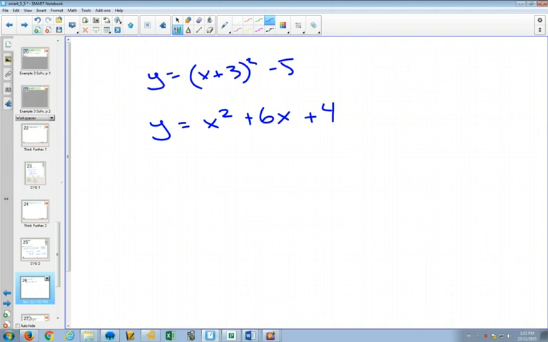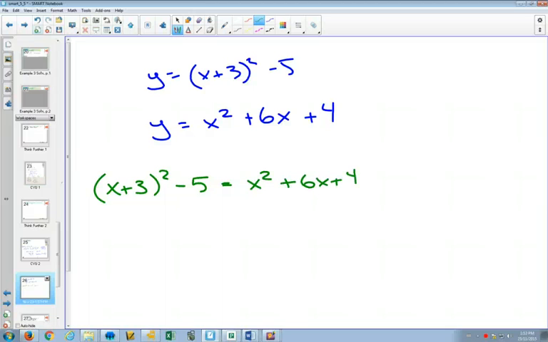So when you go to solve it and you do the substitution, and you expand it, you're going to get x squared plus 6x plus 9 minus 5 equals x squared plus 6x plus 4.